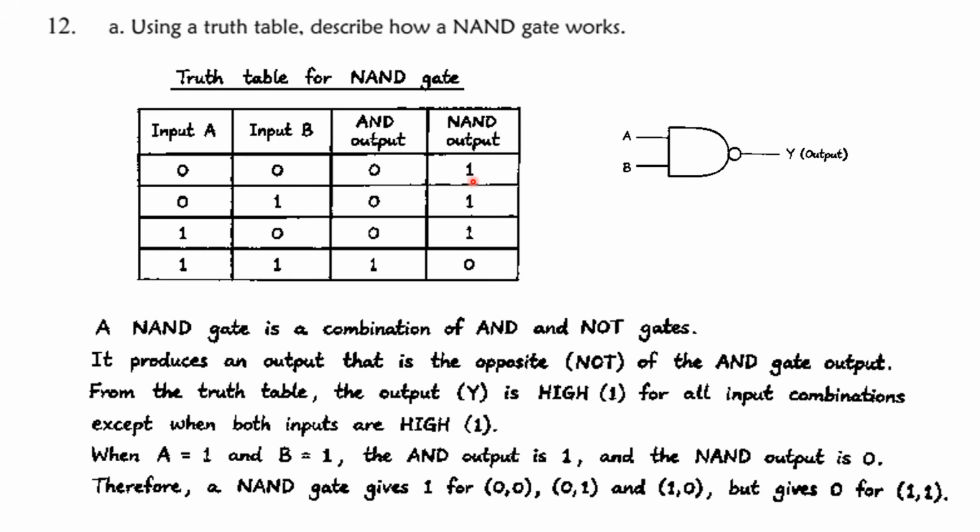When A is 1 and B is 1, the AND output is 1, but the NAND is going to give us 0. Therefore, a NAND gate gives 1 for combinations such as 0,0, 0,1, and 1,0, but gives 0 in one situation.